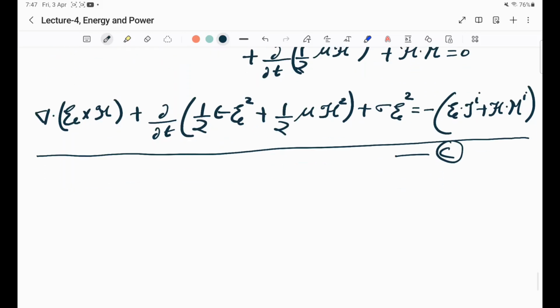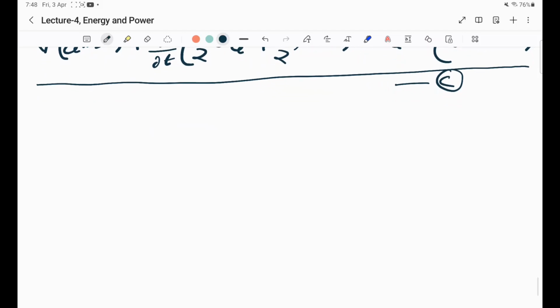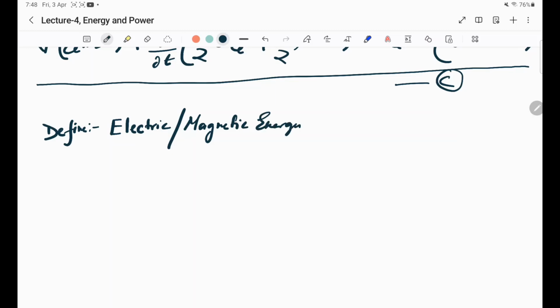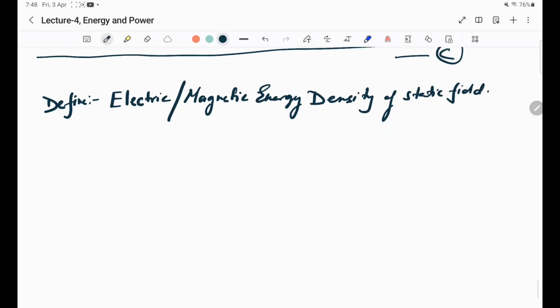Now let's define the electric and magnetic energy density of static fields. According to the definition, we define WE as half epsilon E squared.